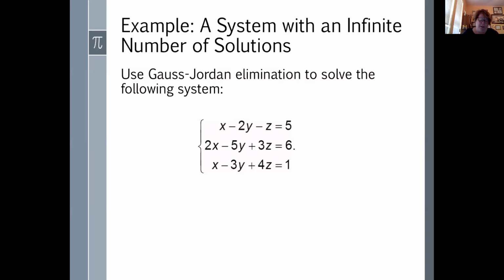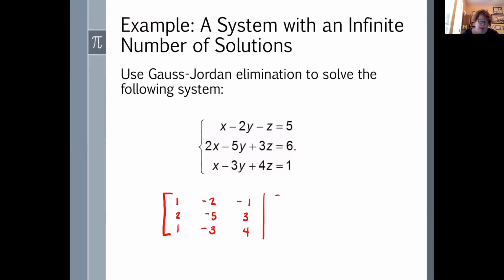So I'm going to write my augmented matrix. And I'm writing down in columns the coefficients on my x's, my y's, and my z's. And then in the fourth column, that is my constants.